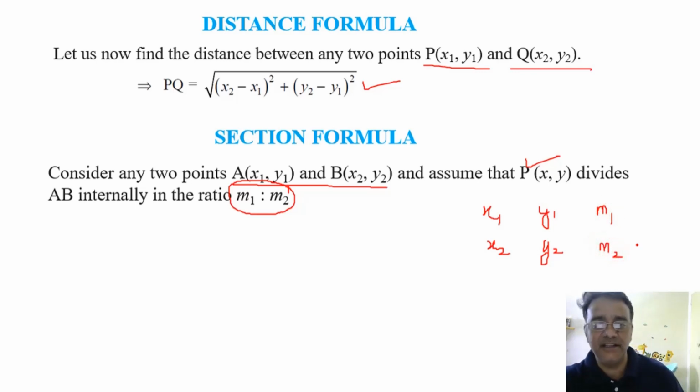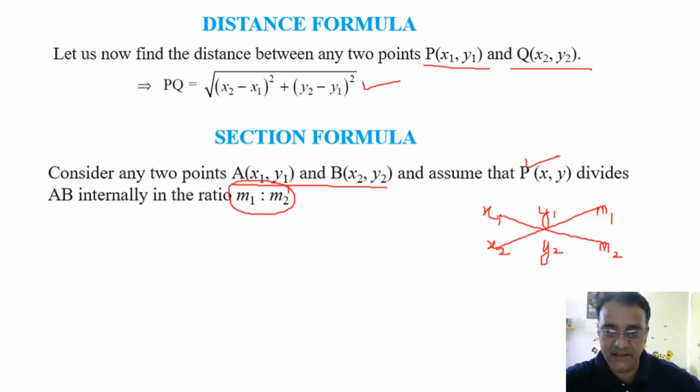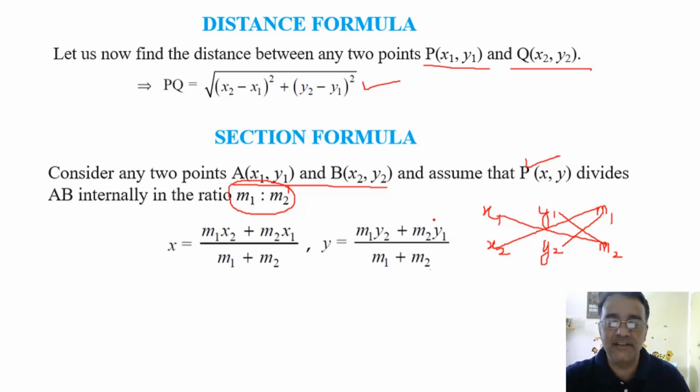Now for finding the value of x, just cross multiply and add, that is m2 x1 plus m1 x2 upon the sum of the ratio, that is m1 plus m2. Similarly for y also, cross multiply and add, so m1 y2 plus m2 y1 upon the sum of the ratio, that is m1 plus m2. So you'll get this formula.